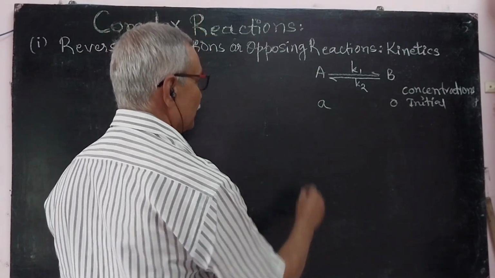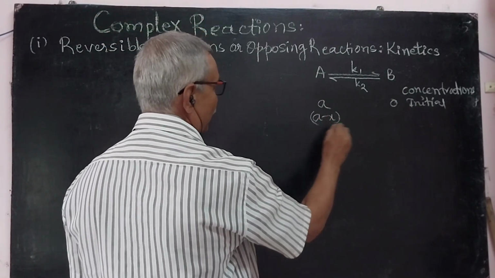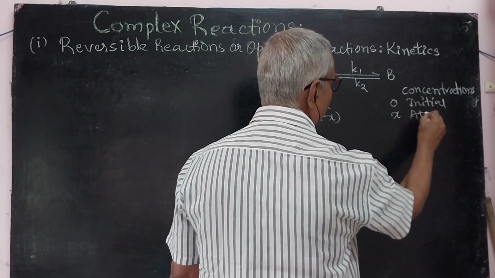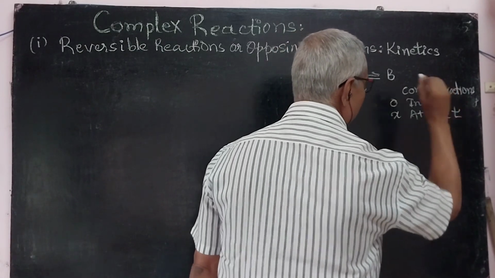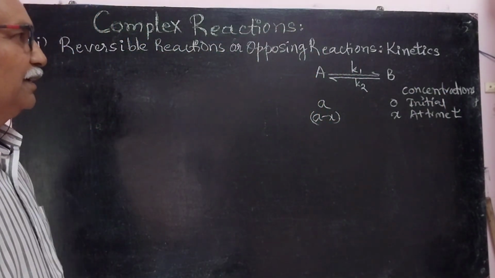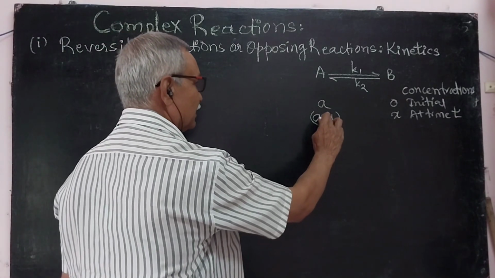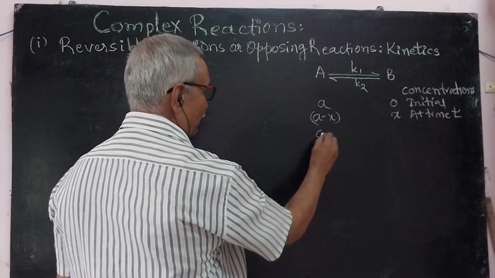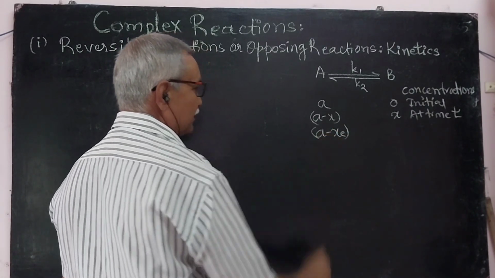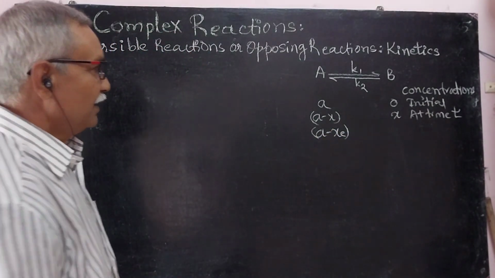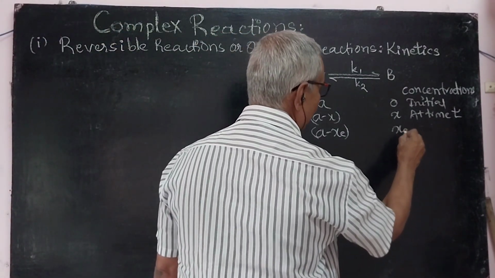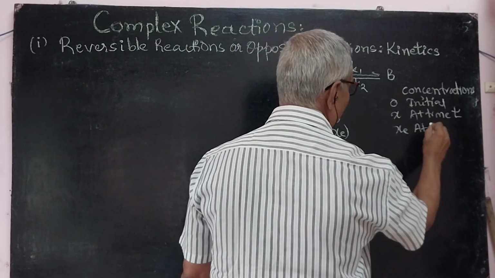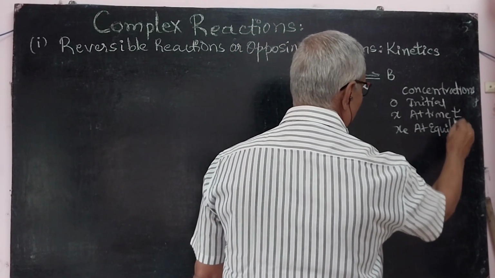Now, at time t, A minus x is the concentration of A and x is the concentration of B. Then A minus Xe is the concentration of the reactant A at equilibrium and Xe is the concentration of product B at equilibrium.